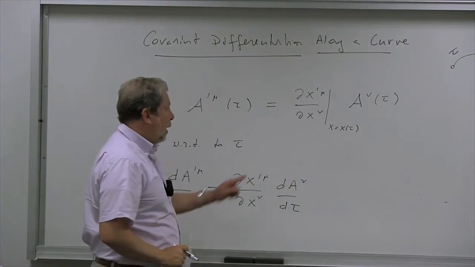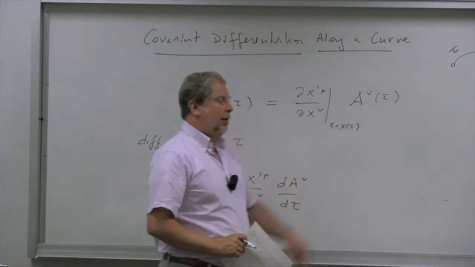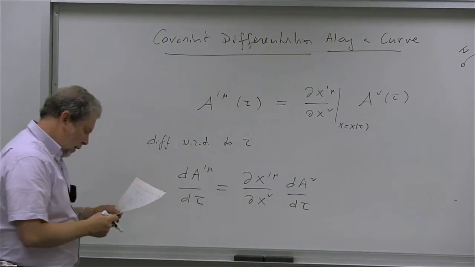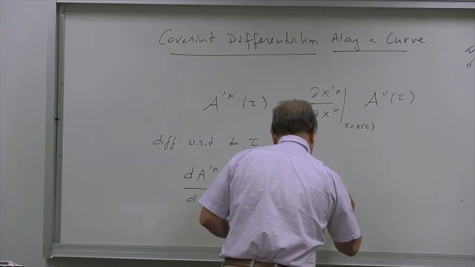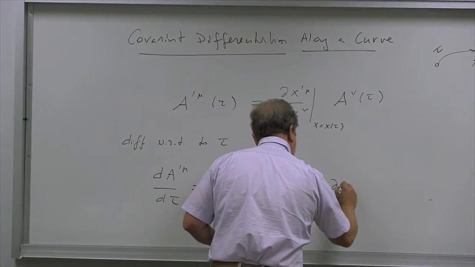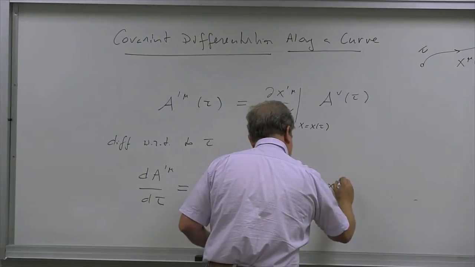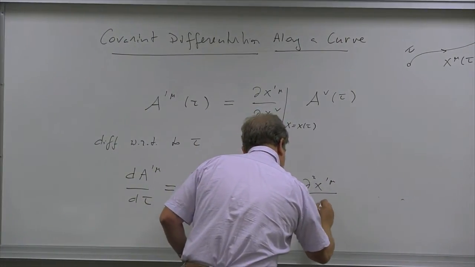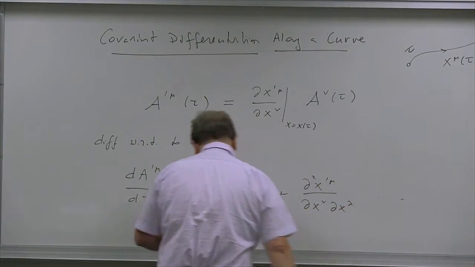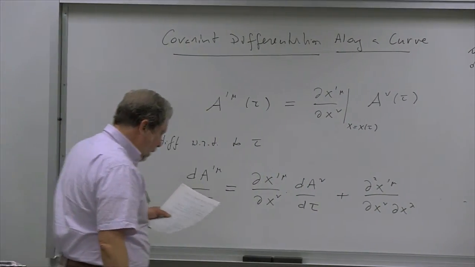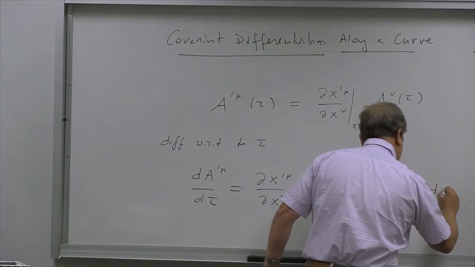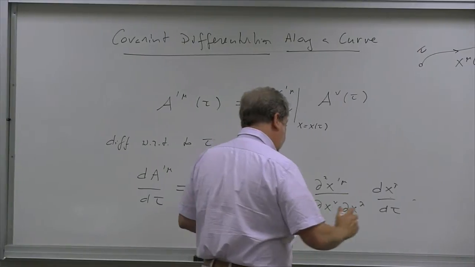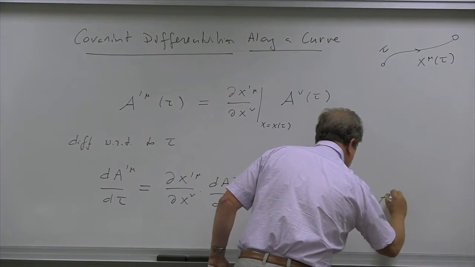So this is a term that we get by just differentiating this part here. And we also differentiate the first guy. So that means that we get the second derivative with respect to x prime mu of dx nu dx lambda, right, by dx lambda by d tau, and then times A nu.